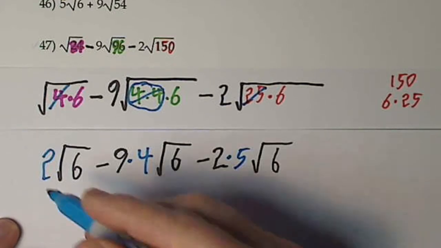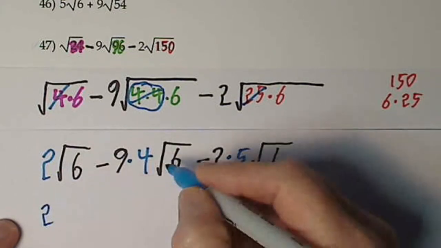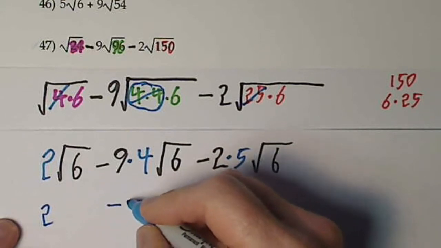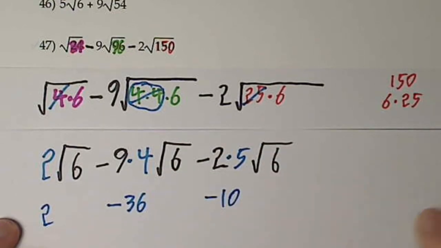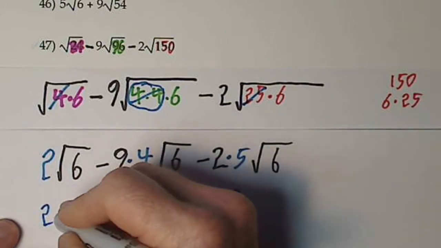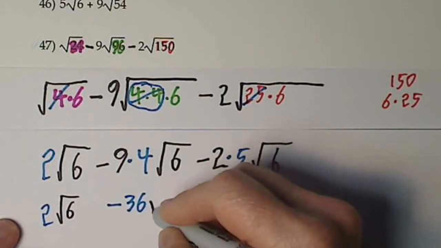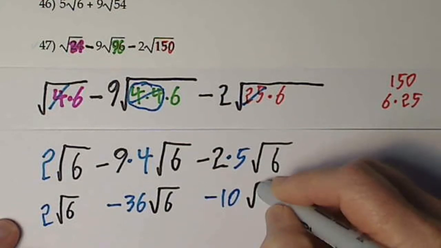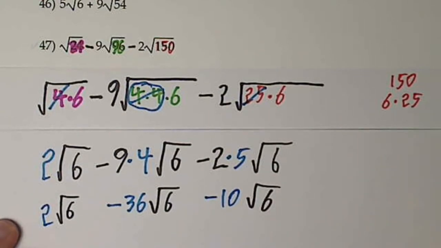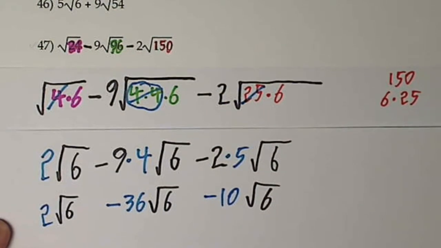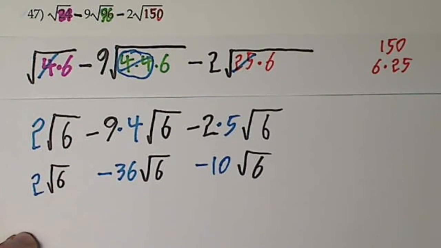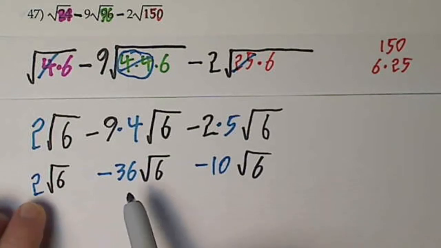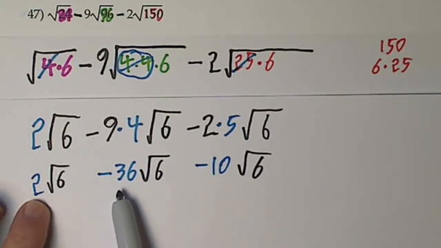Okay. So what is this? We have 2, we have negative 36, and we have negative 10. Each of these with radical 6. And I'm going to have to push it up. Yeah, this will fit. Alright, so if I have 2 and negative 36, that'd be negative 34.